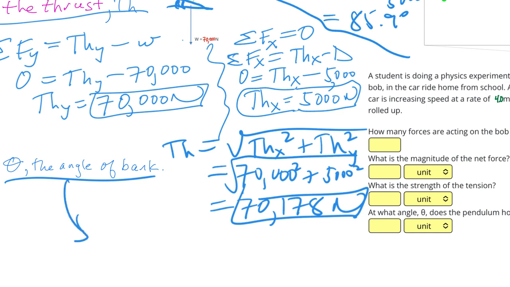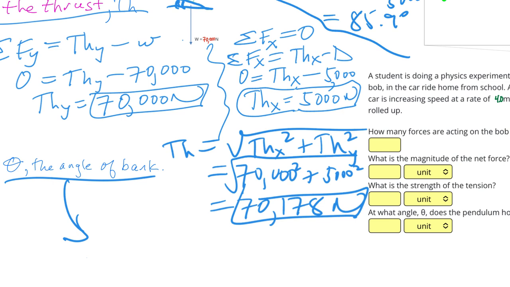So the bank angle, that'd be of the helicopter to the horizontal. I don't know what you want to call that. That angle, here's the helicopter. Anyway. The bank angle would be 90 minus that.